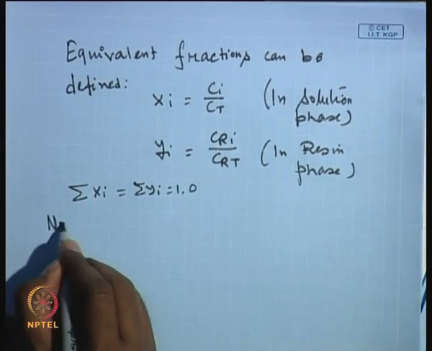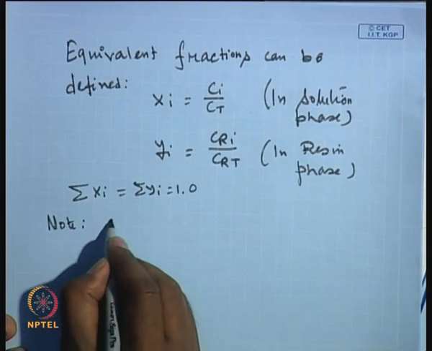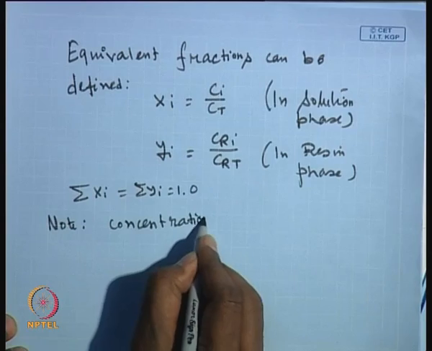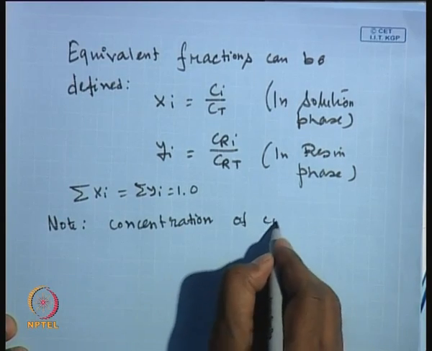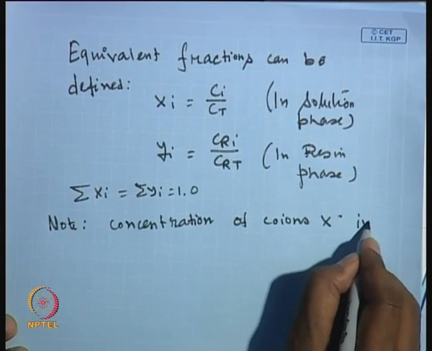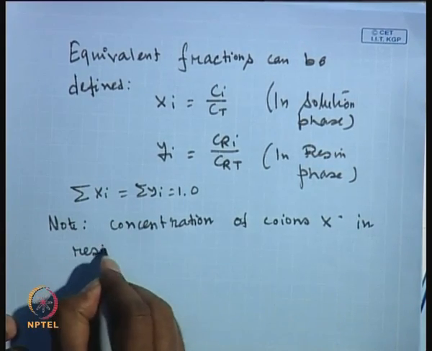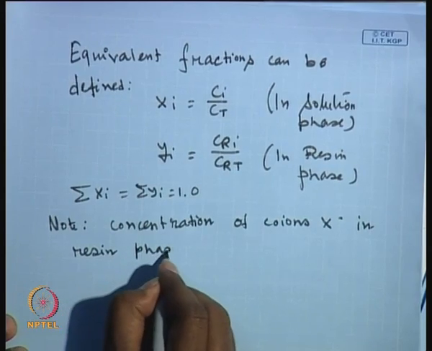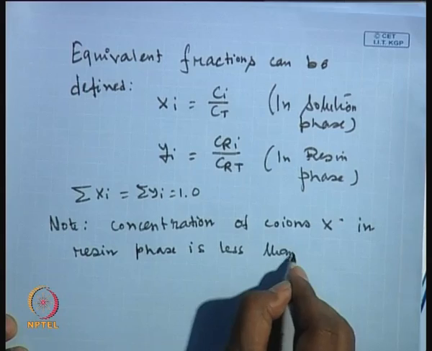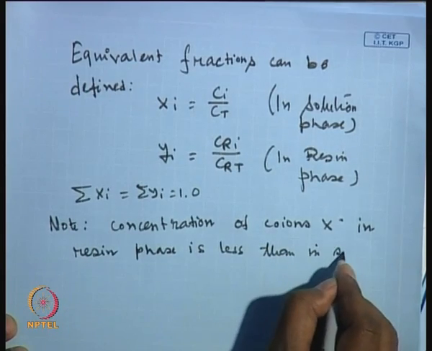Also to be noted that the concentration of coions x minus in resin phase is less than in solution.